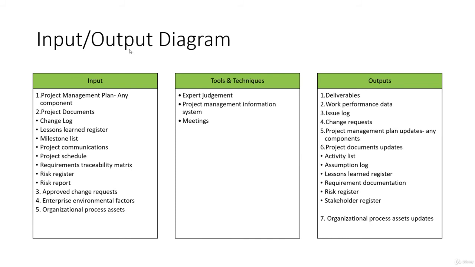You can see that anything and everything which was done and completed as part of this project becomes output of this. And of course, the organizational process assets updates. So basically, if a template change was done as part of this project, you will update that in the central repository of the organization, which will be done as part of organizational process assets updates.